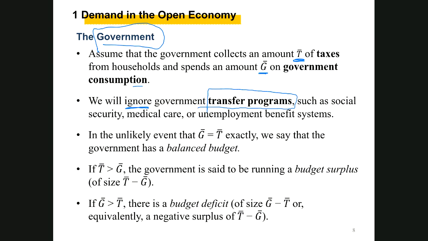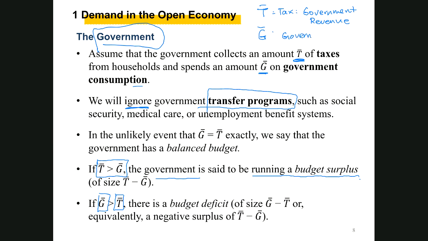So if tax is larger than the expenditure, we say that the government is running a budget surplus. If government spending is larger than the government's revenue, so tax could be treated as the government's revenue, G is government spending, right?